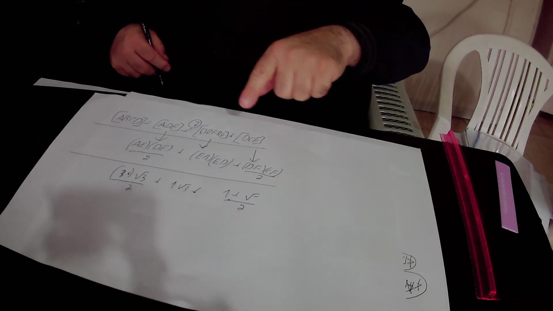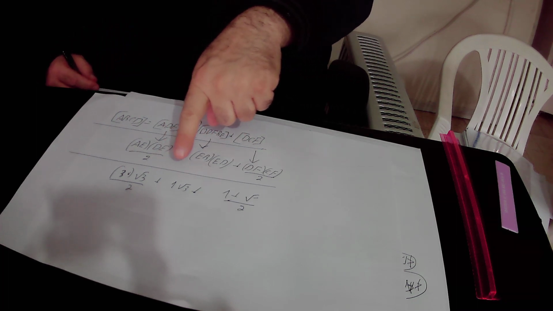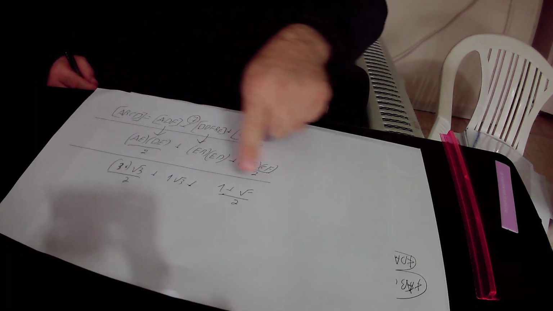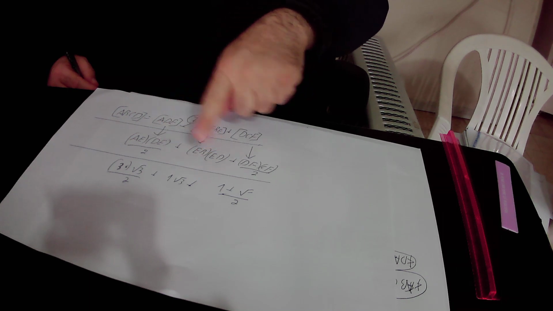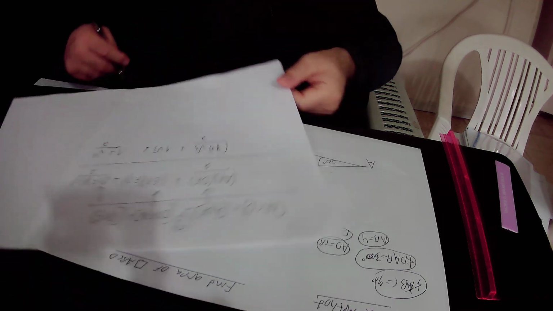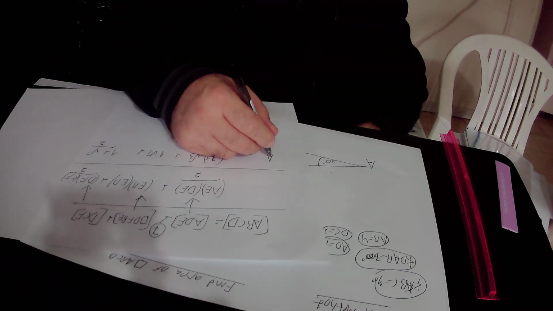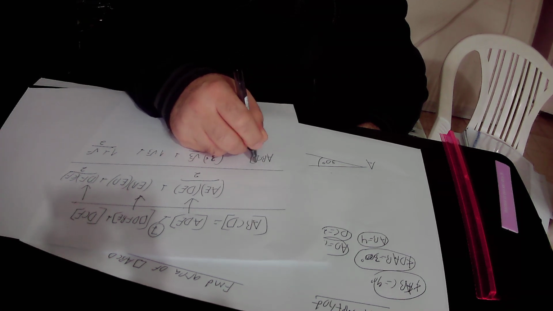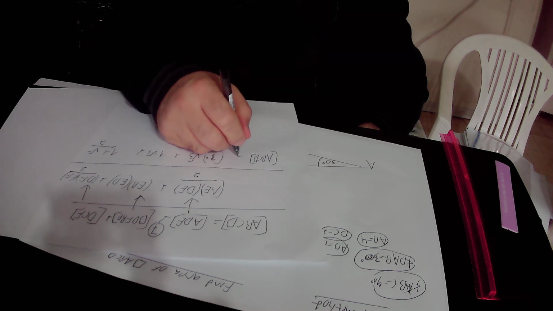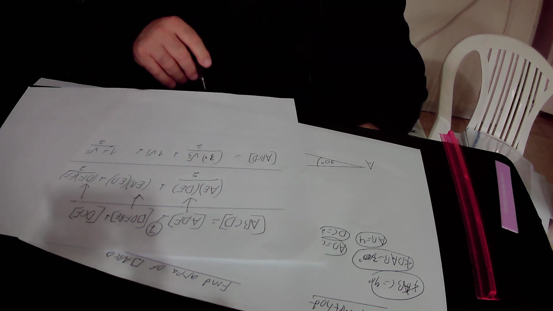So we found out that the area of quadrilateral ABCD equals the sum of these 3 expressions.